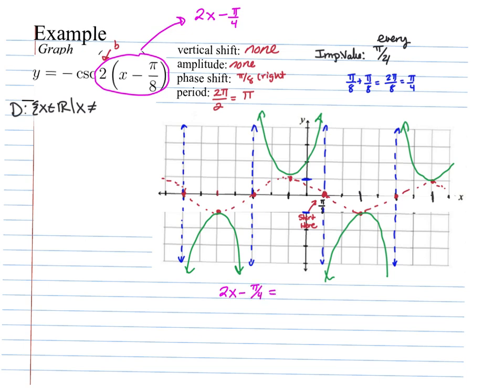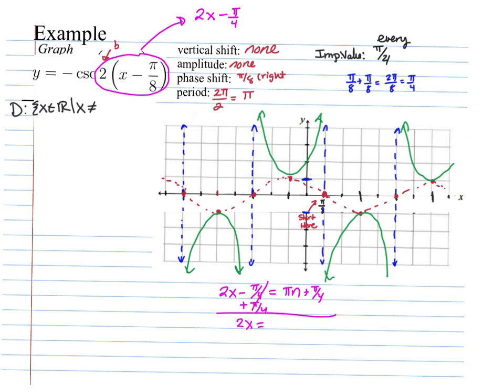And we know that the general asymptote for a parent function would be at pi times n. So we're going to add the pi over 4 to both sides. And we're going to get 2x.